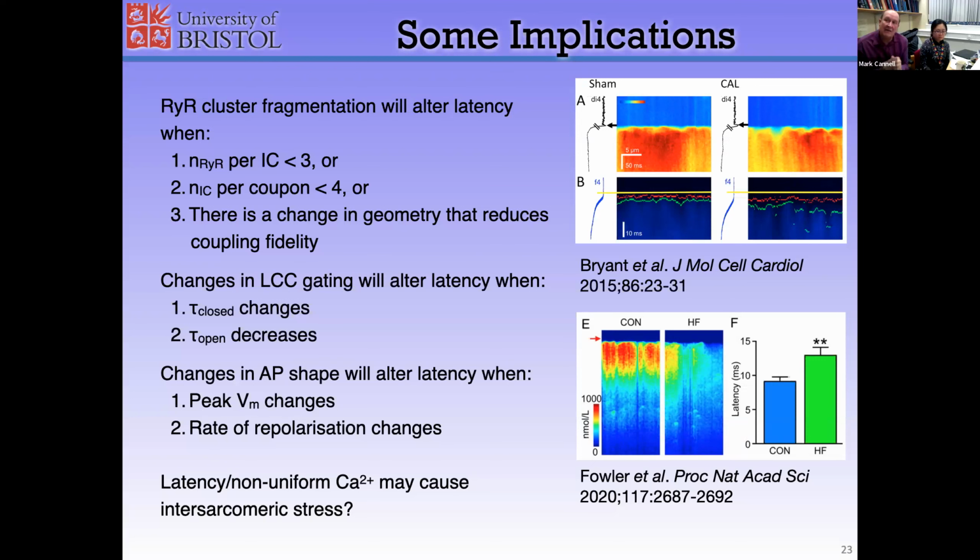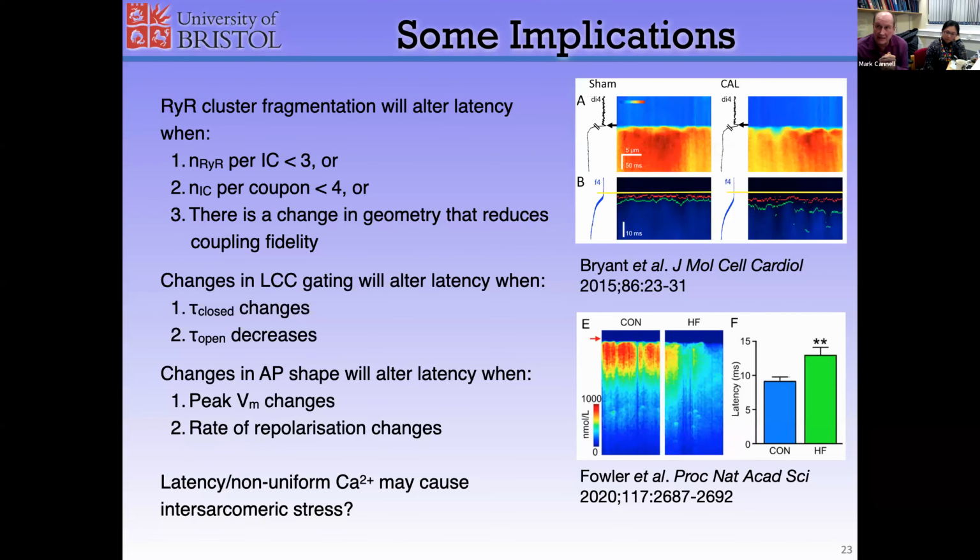So in the local area where we get the calcium spark produced, we have less than 4 initiating complexes. We're going to start to get an increase in latency and dispersion of release. And indeed, if you look on the right, there's an example of some changes, and you can see quite clearly the latency for calcium sparks are being altered in this system.